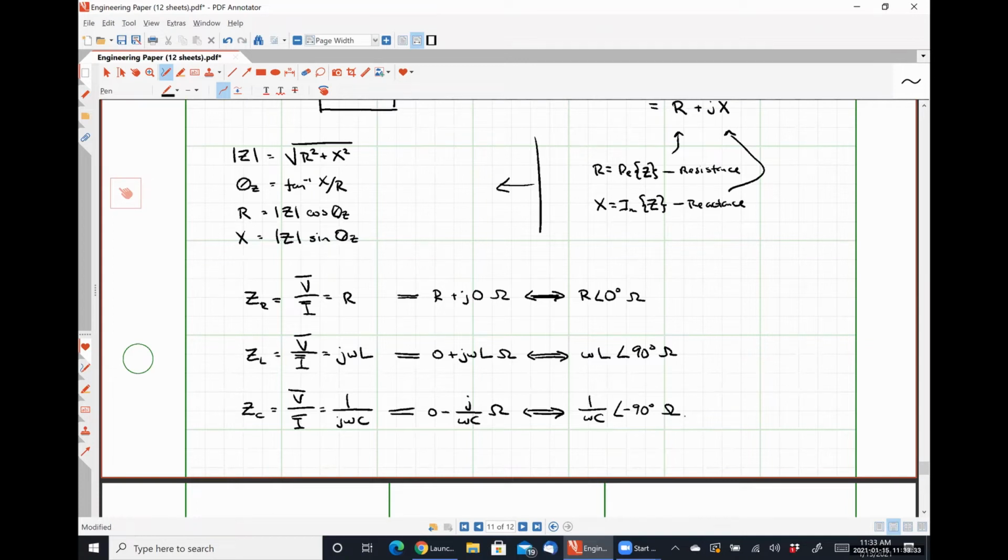Just to make sure that we're all on the same page here, does everybody understand how 1 over j is the same as negative j over 1? We all okay with that? All right.